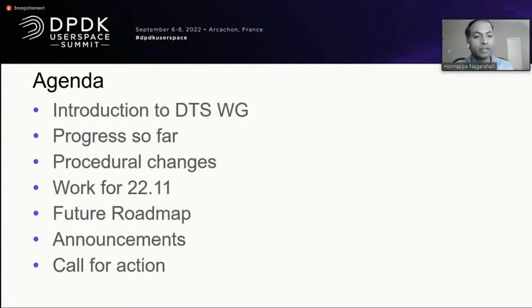Okay, good. So the agenda for today: I'll give a brief introduction about the DTS working group, how it came to existence, for those who are new to the community and who have not followed what this working group does. I'll talk about the progress that we have achieved so far.